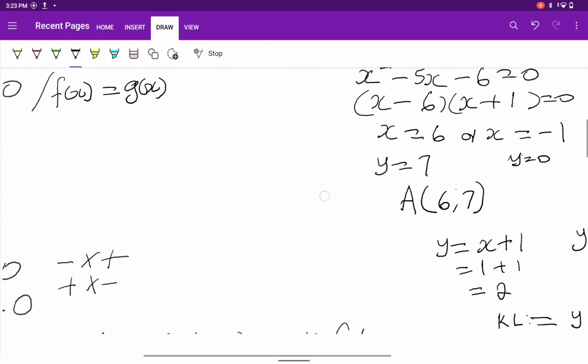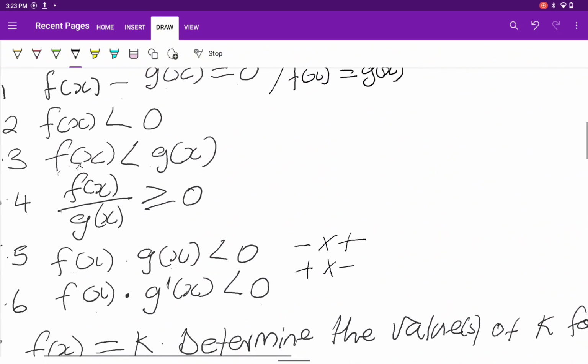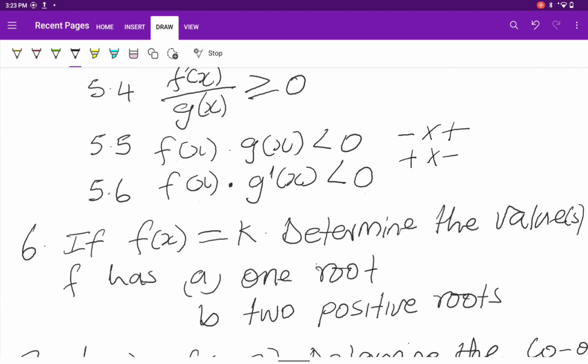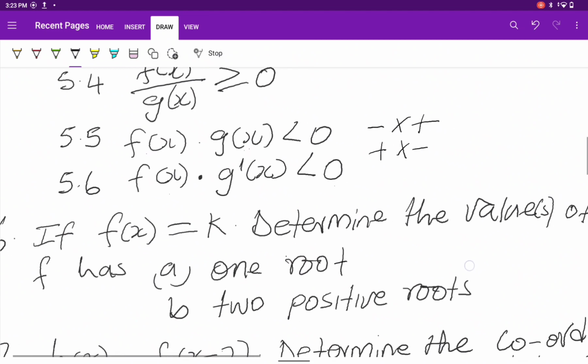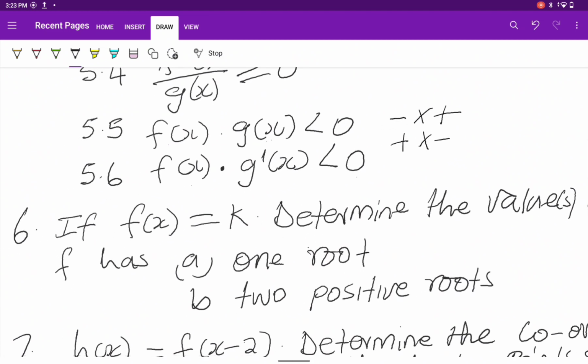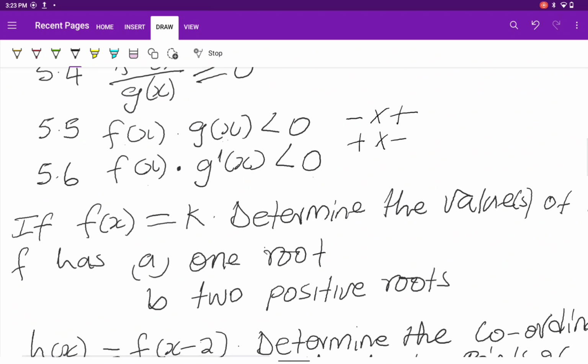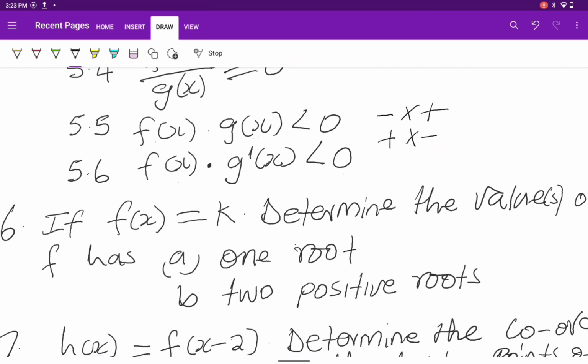Right, so let's look at the next question. Question number 6. We are given that f at x equals k. So determine the values of k for which f has number 1, 1 root, number 2, 2 roots.